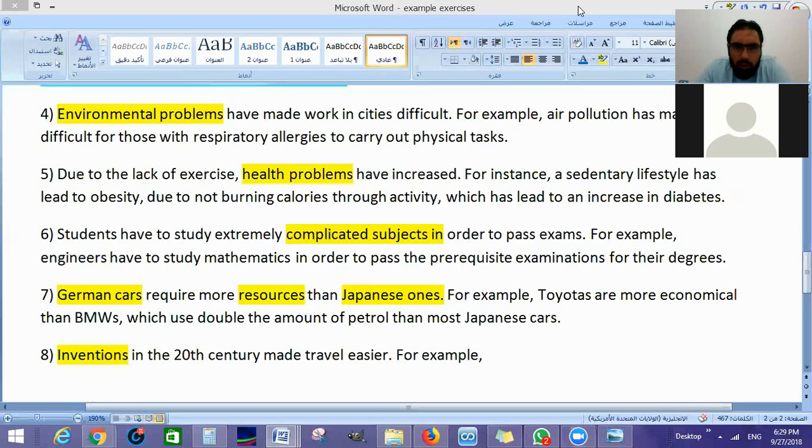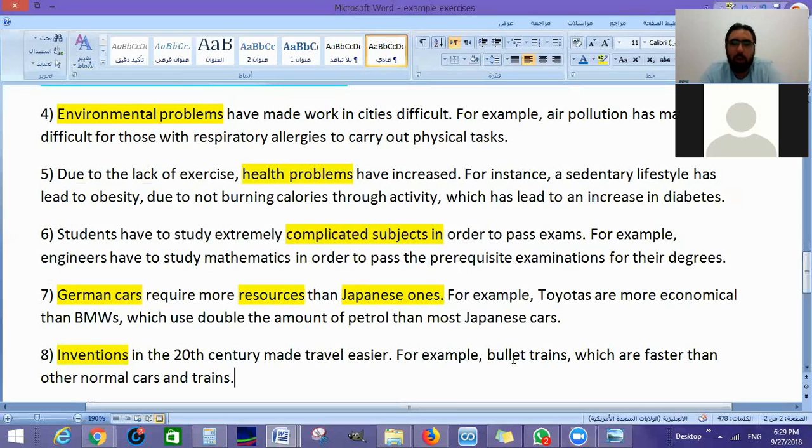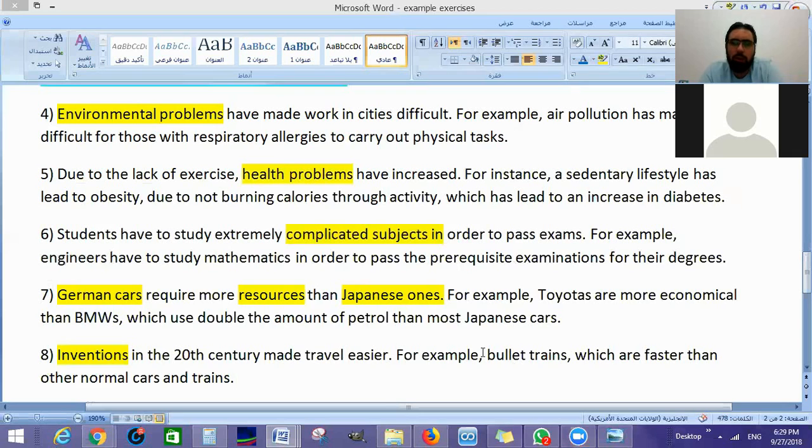For example, bullet trains, which are faster than other normal cars. Okay, good example.